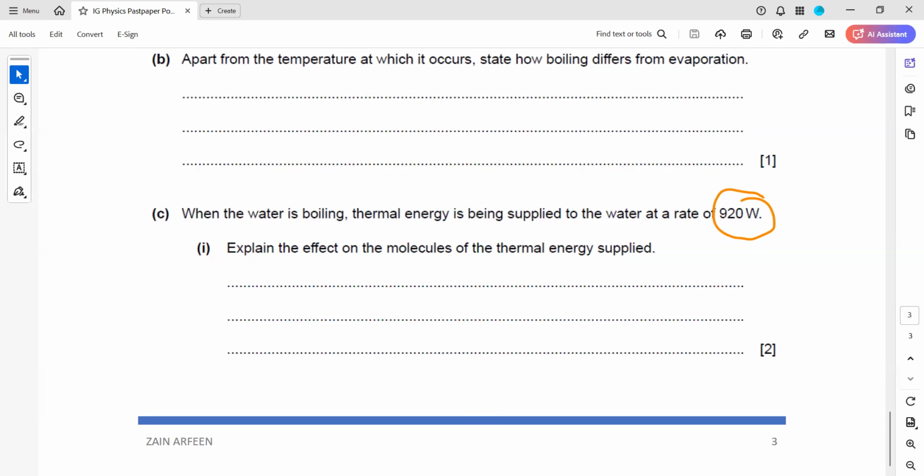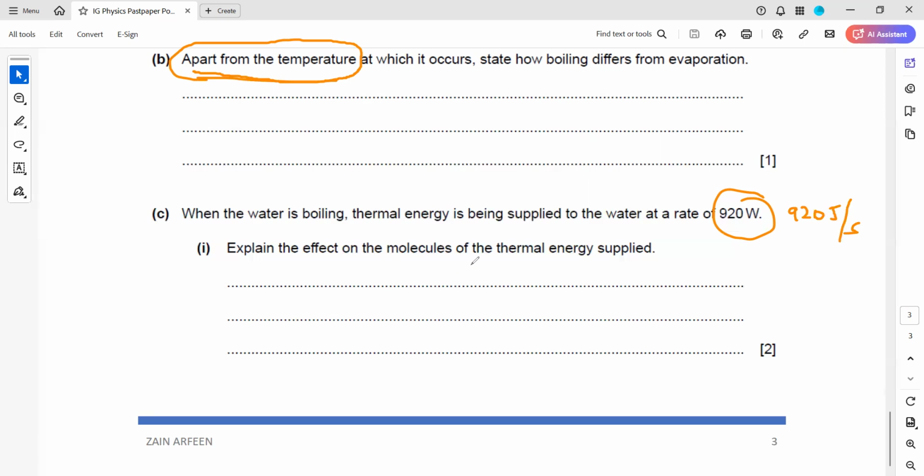That is specific for water, and you're not supposed to say anything related to the temperature of the water, because they already mention here apart from the temperature at which it occurs. So you cannot say boiling occurs at 100 degrees. That will not be an acceptable answer, as they already specify that apart from the temperature, other than temperature, state the differences.